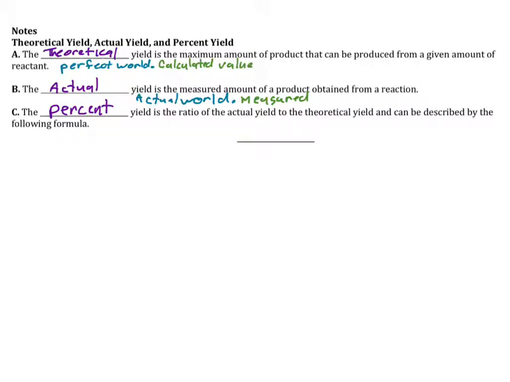And the way you do that is you take the actual, you divide it by the theoretical, then you multiply it by 100, and that will give you the percent yield. And that is the equation. And so this is really easy. So let's go ahead and talk about how we can do this.